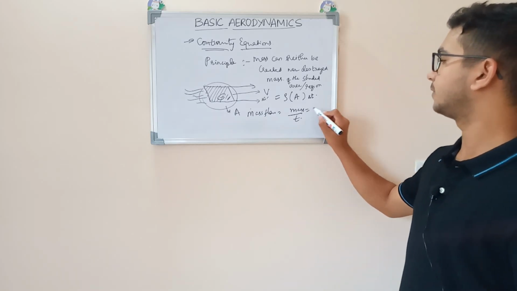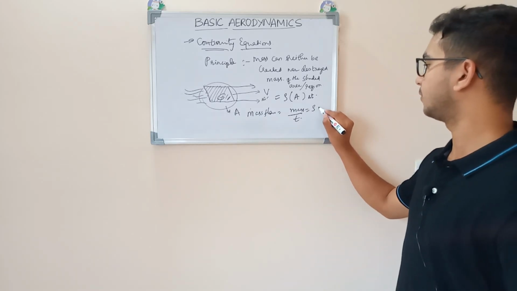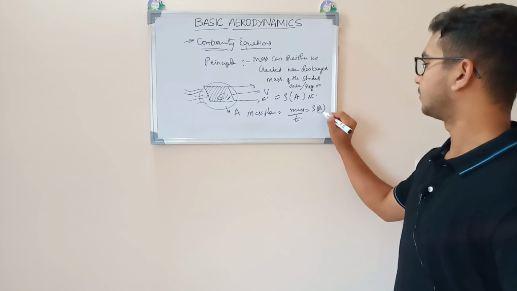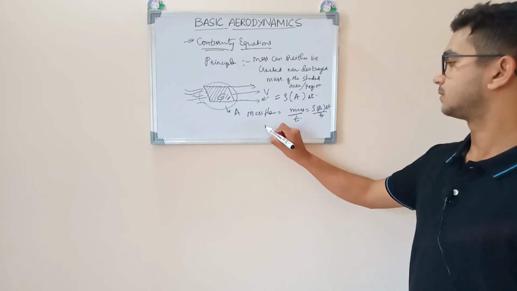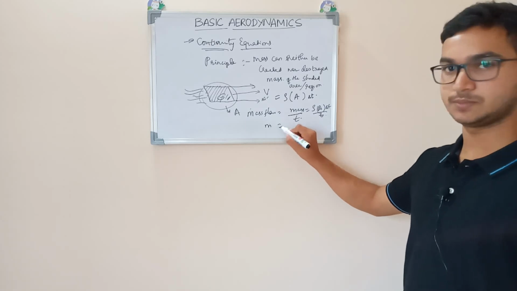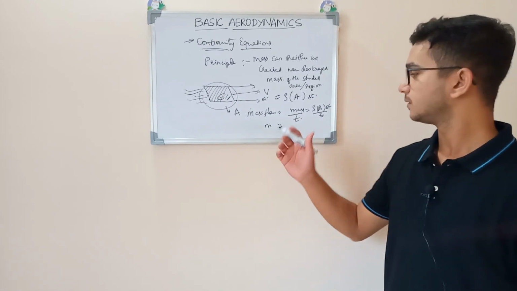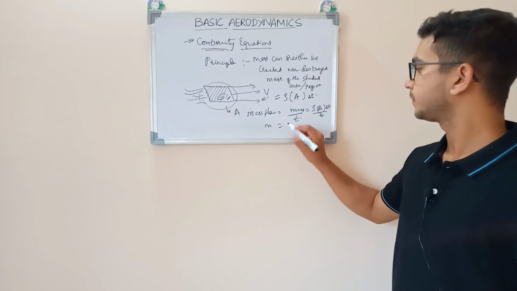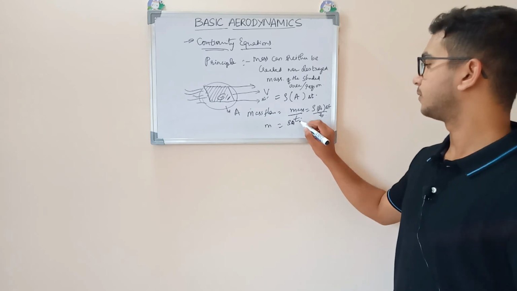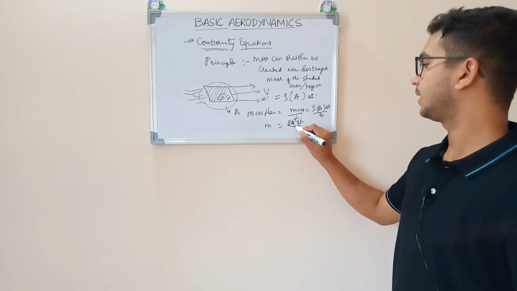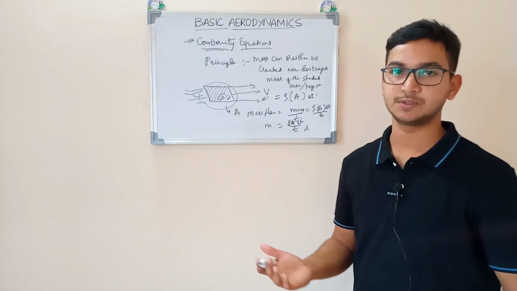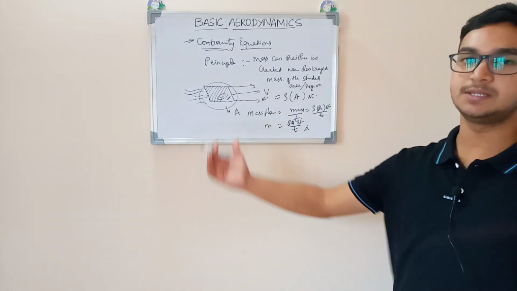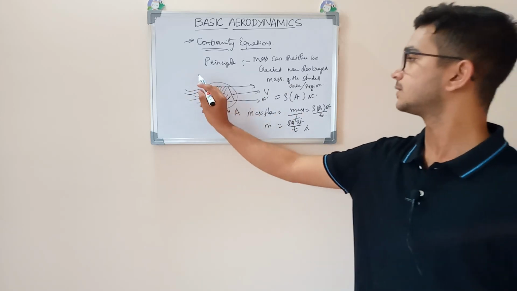So now we have our mass as rho into A into delta t by t. Mass flow is denoted by m dot. This will be rho A into dt by t. So this is the continuity equation.